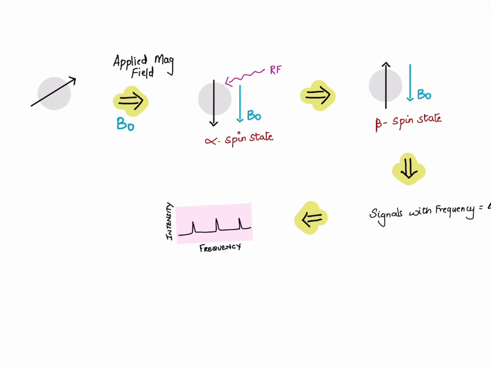Let's say that this is the nucleus and the magnetic moment of which is oriented in this direction. Now, when you apply an external magnetic field, this nucleus is going to get aligned with the magnetic field, which we generally call the alpha spin state.